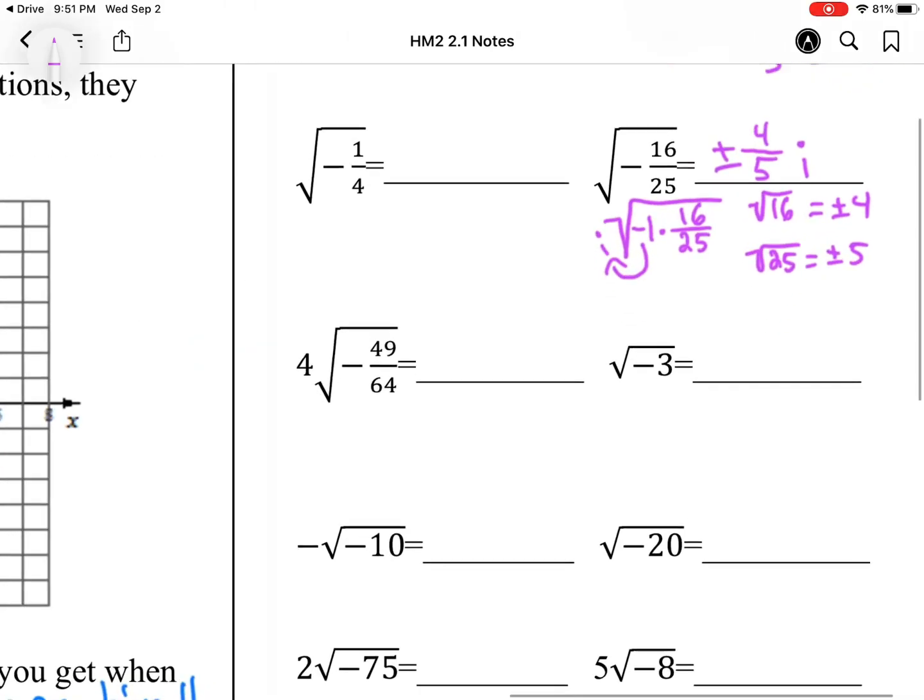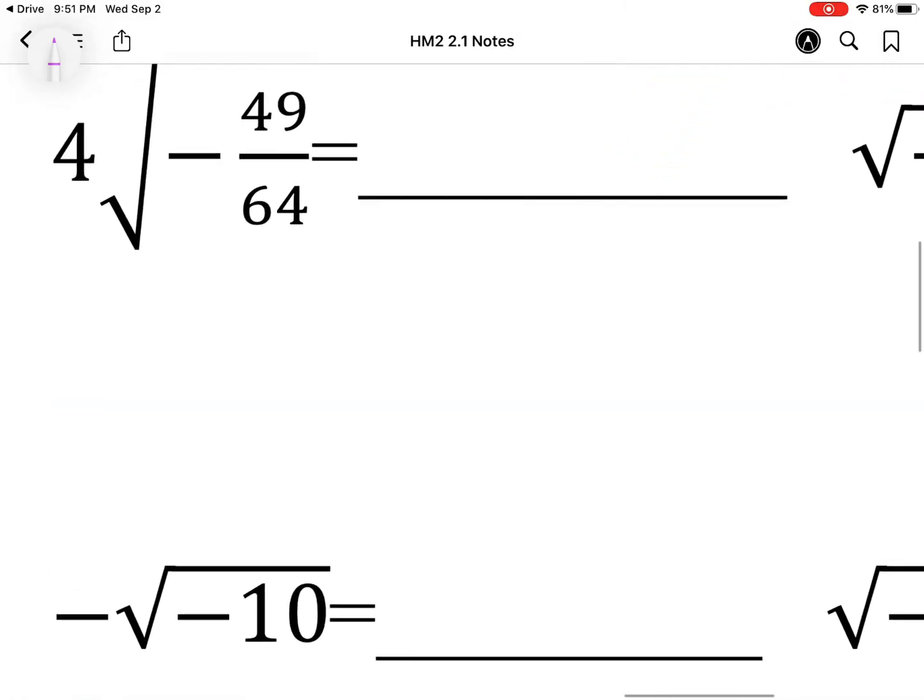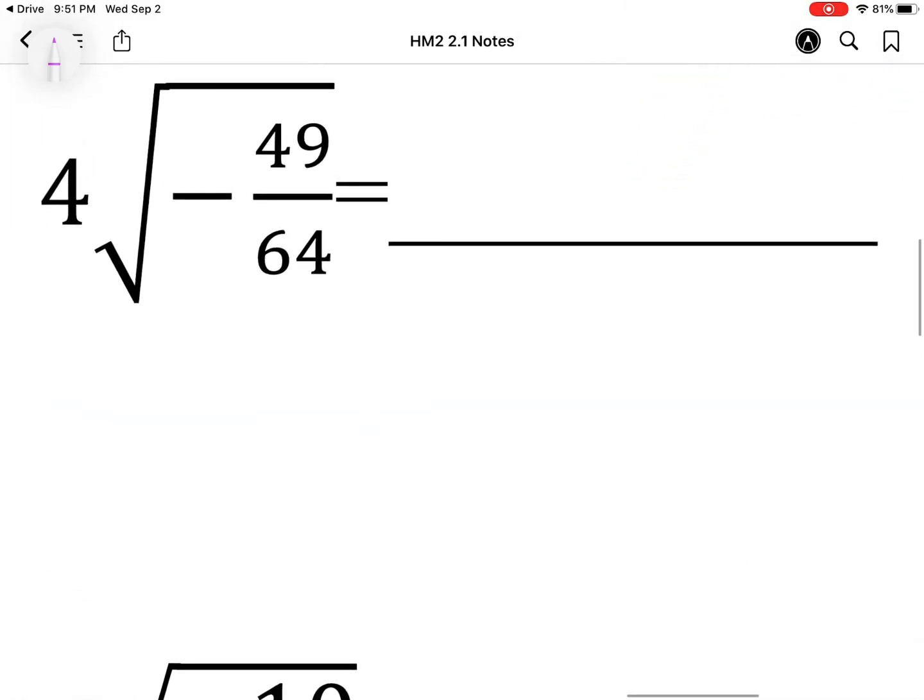So what if there's a number and a fraction? So like this one. So we're still going to do the same steps. We're still going to take our negative out.